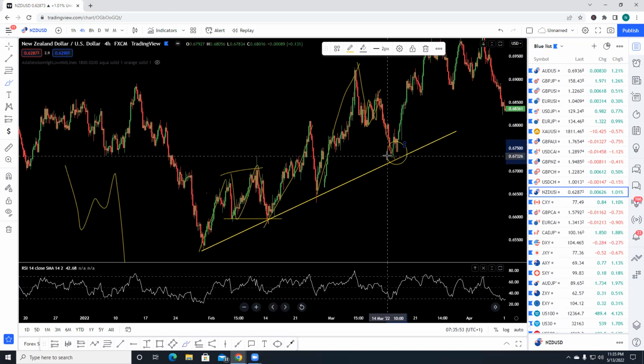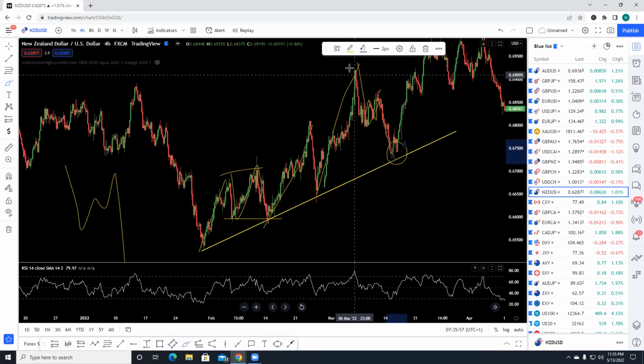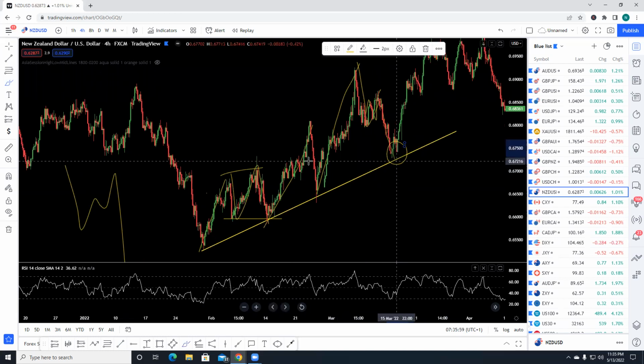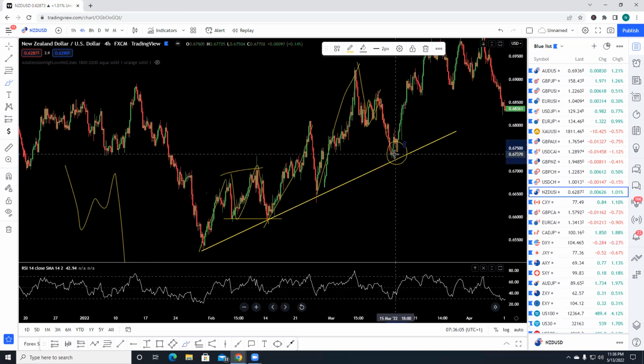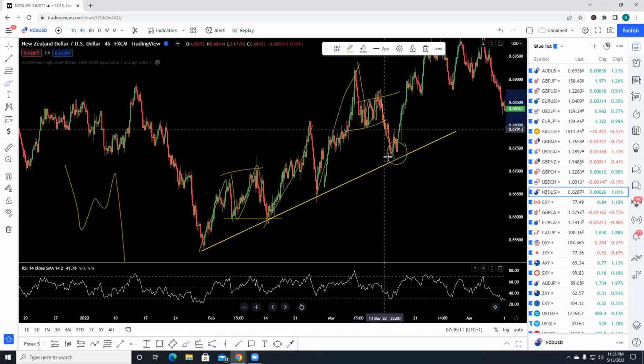Structural requirement in the sense that you have a zigzag corrective structure here, Fibonacci requirement in the sense that you have gotten a 50 to 61.8 here. Liquidity requirement in the sense that you have accumulation here and you have a breakdown to grab liquidity here.